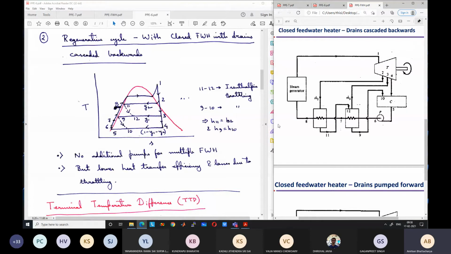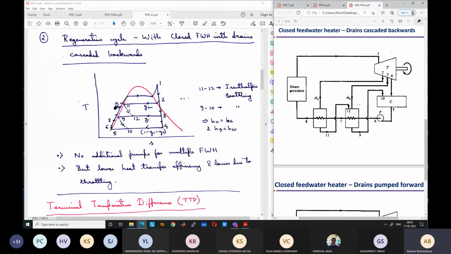So what is the energy balance for the second feed water heater? 1 into H8 minus H7, the energy required for increasing the temperature, is equal to Y2 into H2 minus H11. The energy lost by the steam is equal to the energy gained by the water.